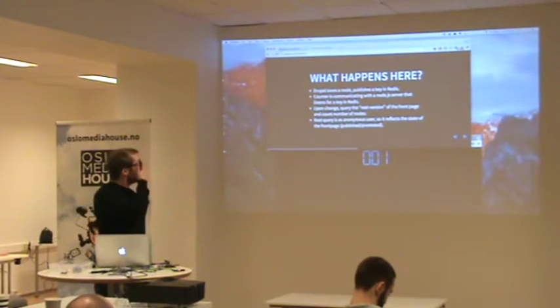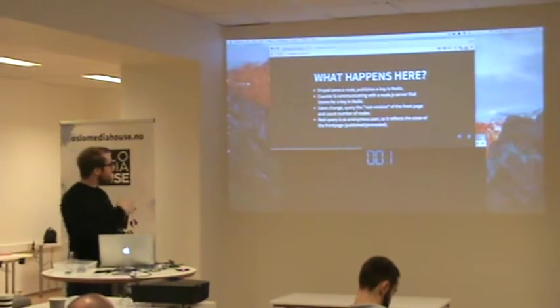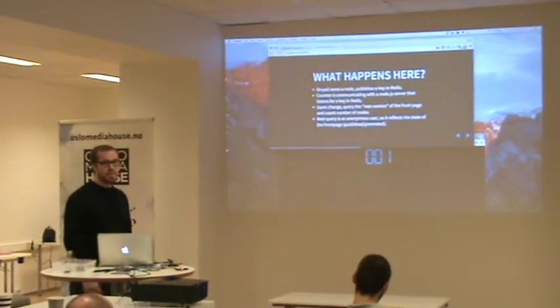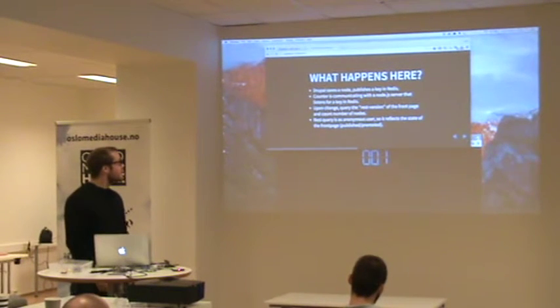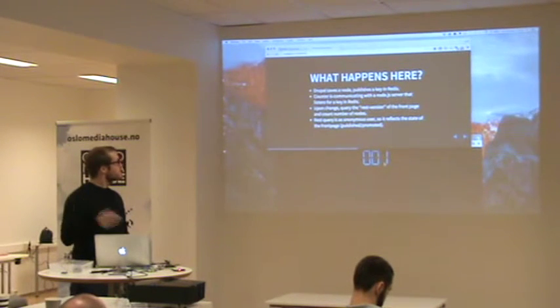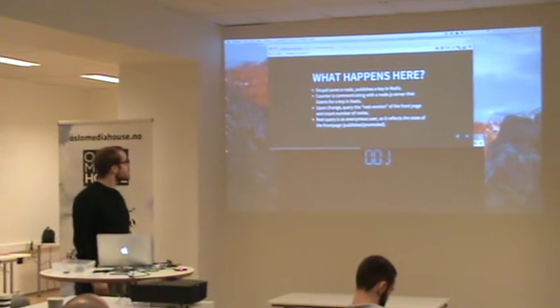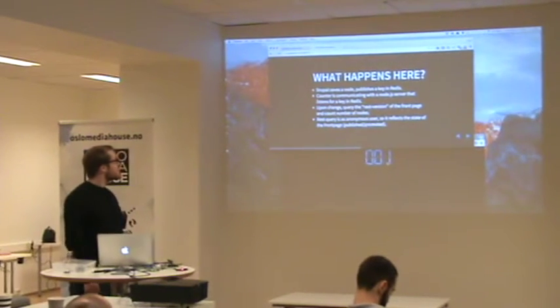So what happens here? Drupal saves a node, and I have this module that implements a node save and publishes a key in Redis. And this counter is communicating with a Node.js server. They have a communication open, and this Node.js server is listening for that key.